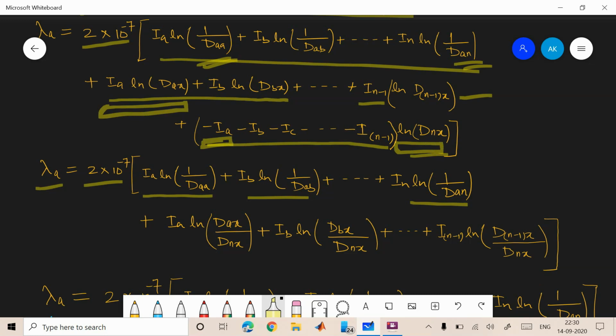So what is ln A minus ln B? Ln A by B. So that is written here, plus IA ln, this dAX is coming here, and this dNX is coming in the denominator. Okay. So we are just writing ln A minus ln B as ln A by B. Similarly for IB and similarly for IN minus 1.